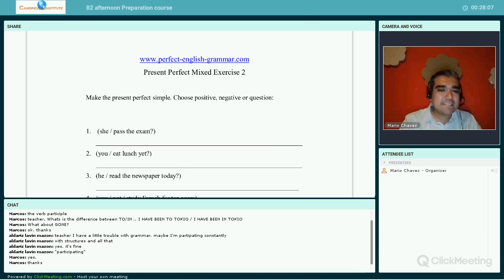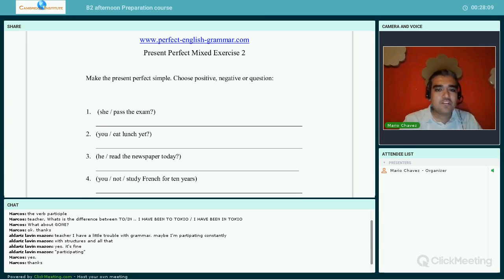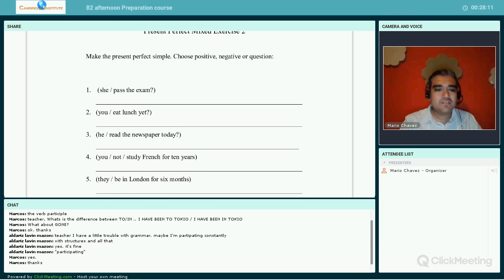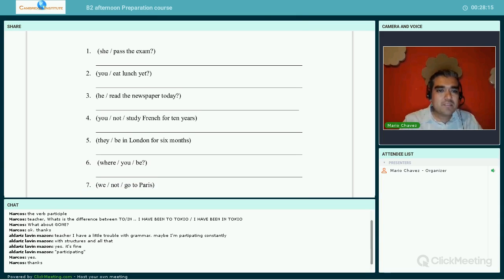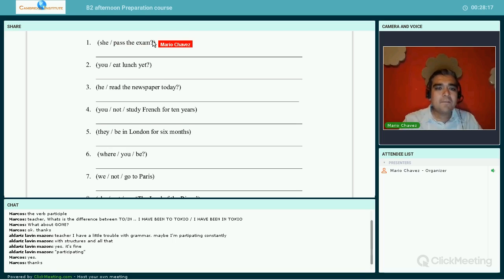All right. It says make the present perfect simple and choose positive, negative, or questions. So you have here some sentences. The only thing you have to do is to fix the words and make them present perfect sentences. Example, the first one, she passed the exam. It is a question. So how can we make it a question?